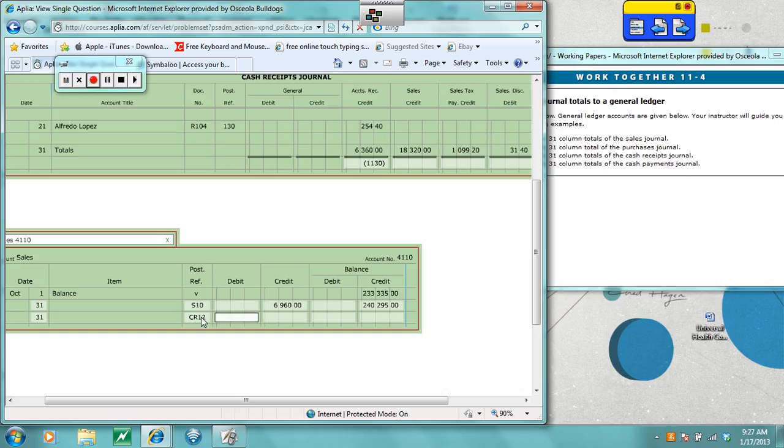I'm going to hit enter. Ooh, good. I hope that's right. Okay, sales credit. So we put it in the credit. Credit plus a credit equals a bigger credit.